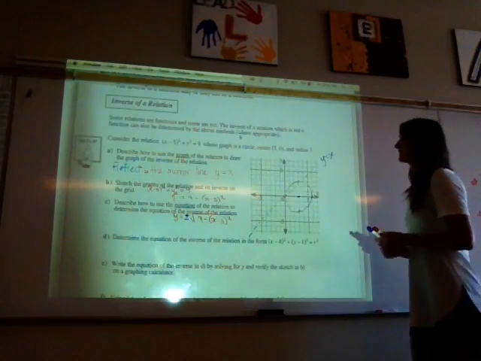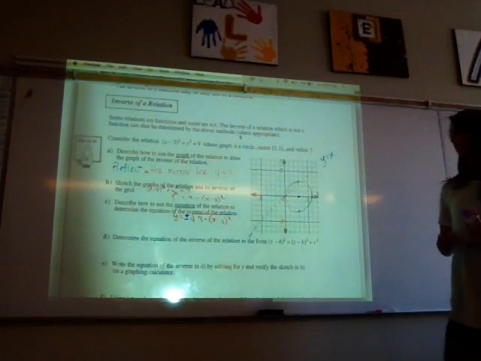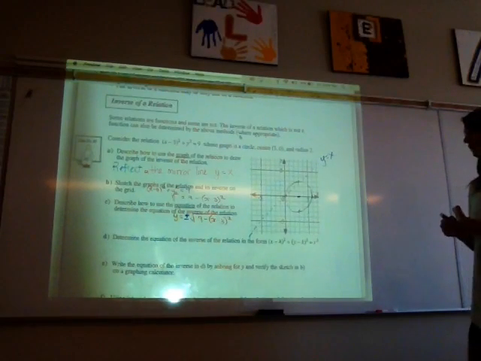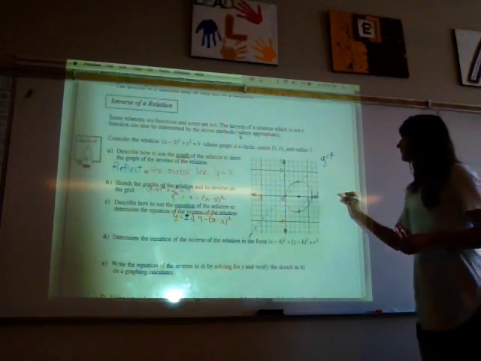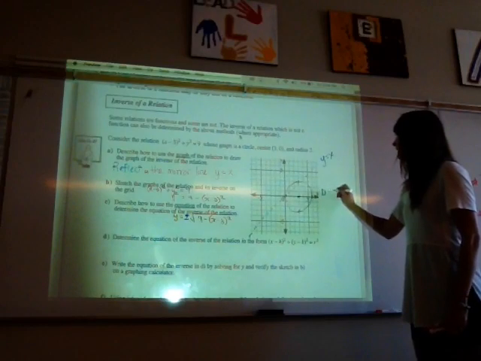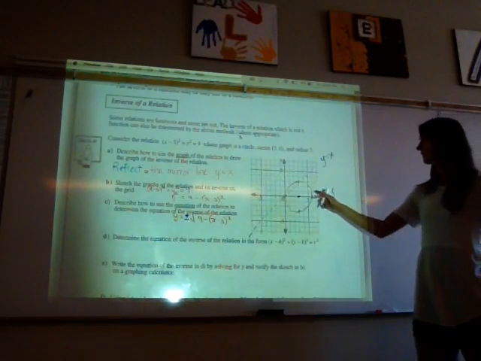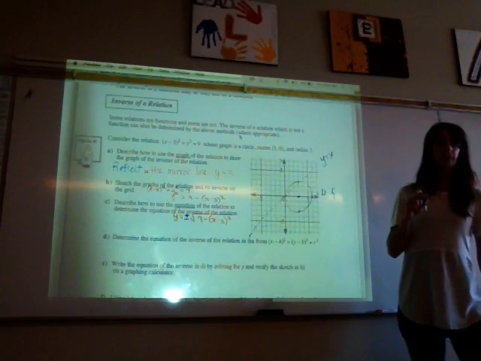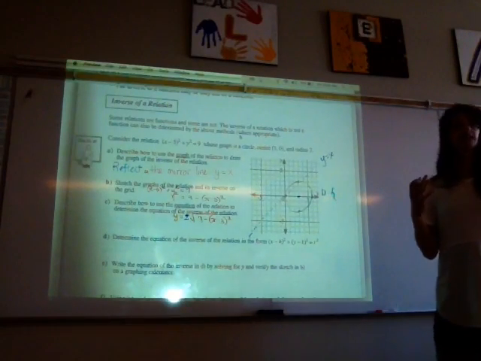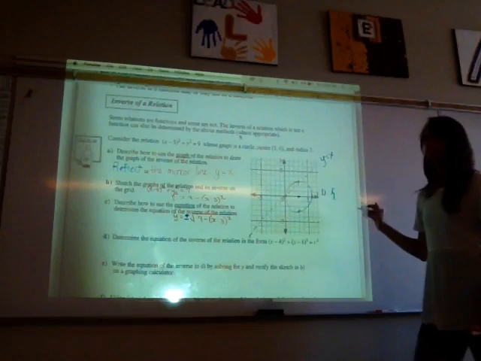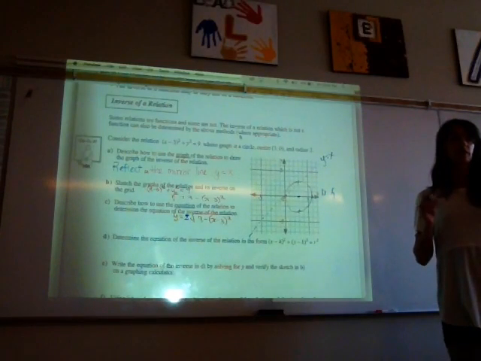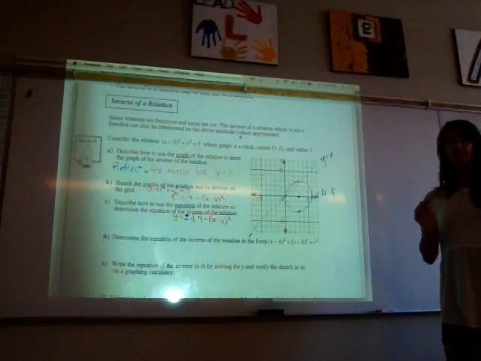Okay, so before we draw our inverse graph, let's just talk about the domain and range of our original relation here. Okay, what is the domain of the original circle? Remember we're calling it a relation, it's not a function. What is the furthest left and the furthest right the x values can go? What are the restrictions on the domain?